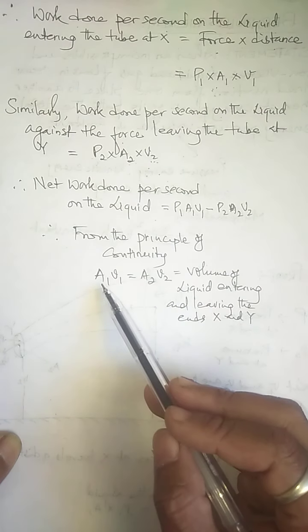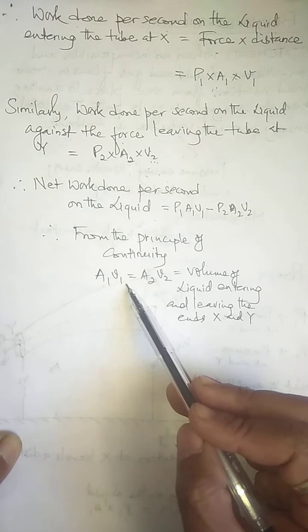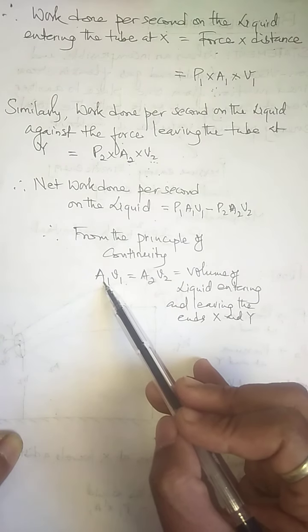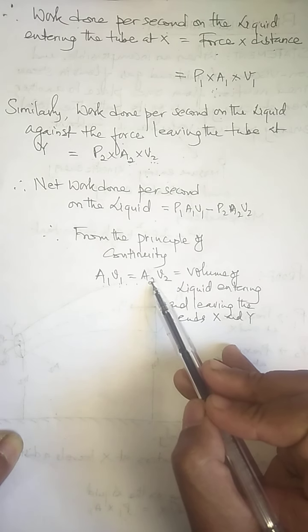So children, I apply the principle of continuity, and it can be simply written as: the product of area and velocity at every cross section of the tube remains constant, and we have taken two ends of the tube, one is X and another is Y. At X, what is the area of cross section? A1. What is the velocity? B1. So the product is A1 B1, equal to that at Y, where the area of cross section is A2, velocity is B2.